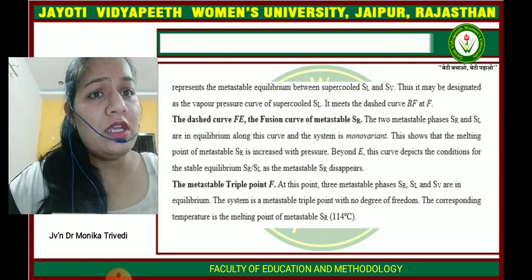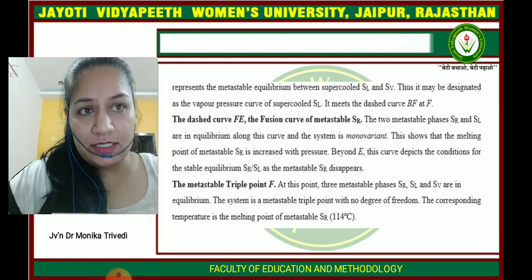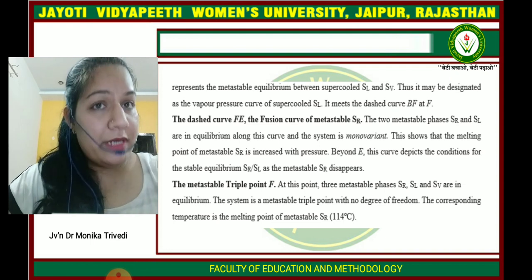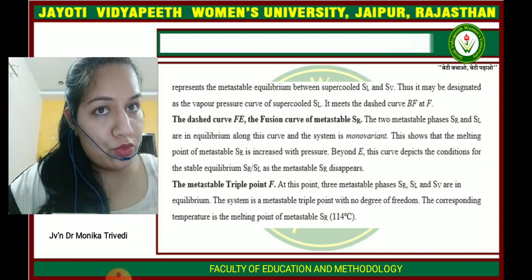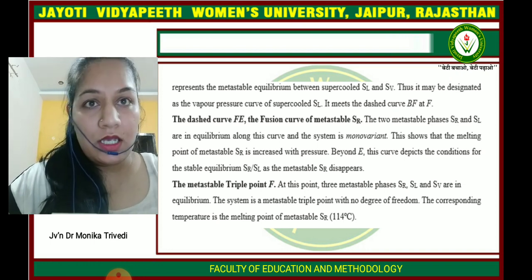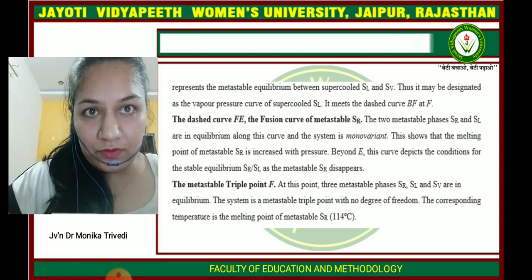The corresponding temperature is the melting point of metastable sulfur rhombic, which is 114 degrees centigrade. In the metastable state, sulfur monoclinic doesn't appear. Only three phases are present in the phase diagram.